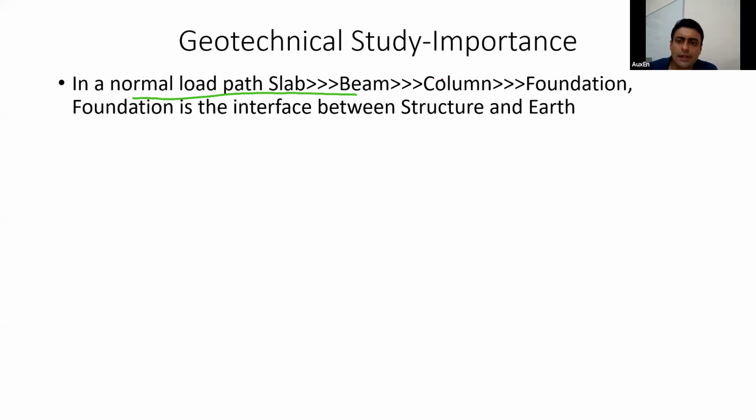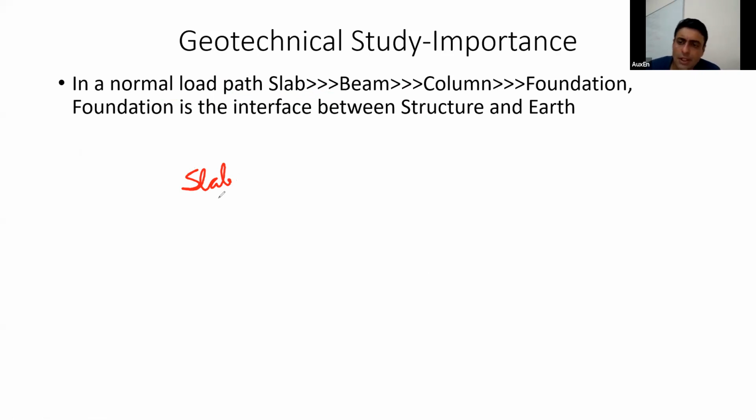Till now, any structure that you see has a general load path for regular structures. Load first comes on the slab. Let us say you are also sitting in your room or office, you are sitting on the slab right now, isn't it?